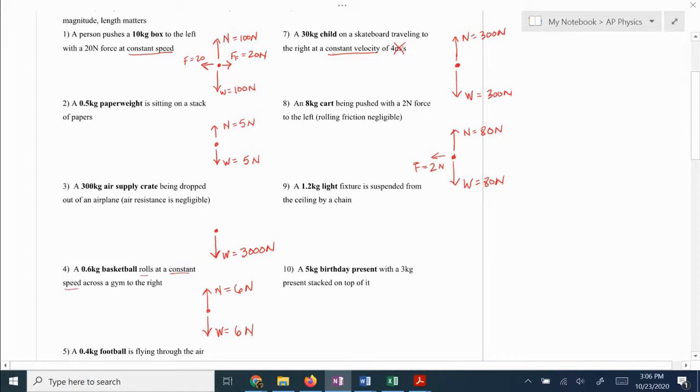Real quick, for vectors or forces that are the same, we should attempt to make them similar lengths. They don't have to be measured with a ruler or anything. If you can make vectors that are smaller, it's not to scale. This 2 is obviously not 40 times smaller than the other ones.